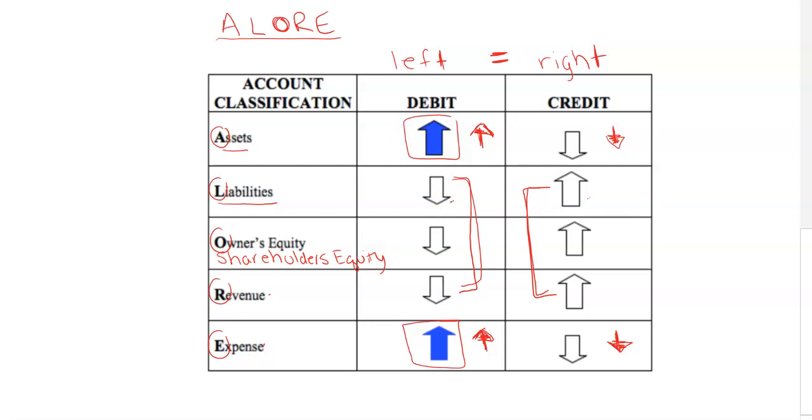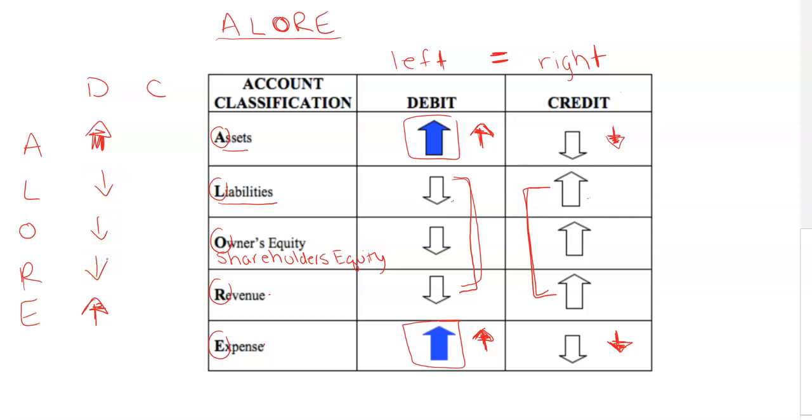So if I didn't have this right in front of me, this is what I probably would have done. I would have done A-L-O-R-E, and then I have my debit and my credit. And so the first thing I do is do an arrow for assets and expenses. So those are the ones that go up. And then I know everything else goes down on the debit side.